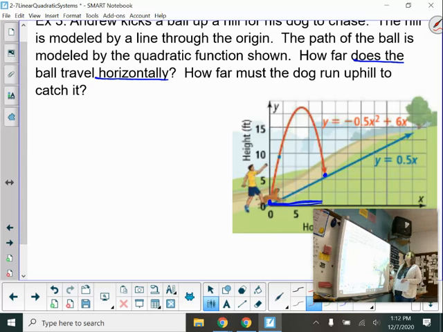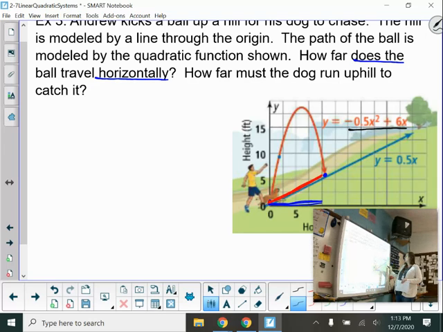And it says how far must the dog run uphill? That's going to be this distance. And you could use the distance formula to solve that, or you could look at this using a Pythagorean theorem type relationship. So at least for the setup, to figure out the distance between the blues, I need to figure out where the parabola and the line intersect.